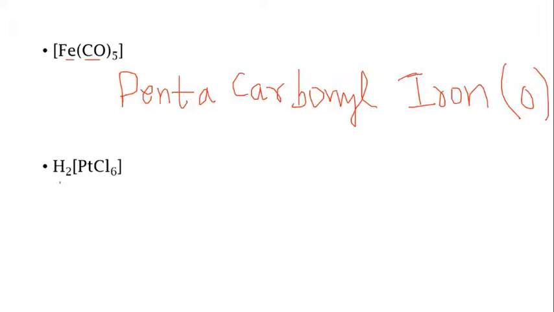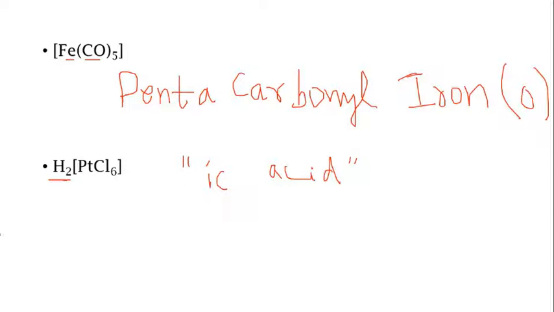Then coming to the next example, this is H2PtCl6. So whenever you have hydrogen outside the coordination sphere, you please remember the rule that it has to end with IC acid. The metal name should end with IC acid. You should remember this. This was one of the rules explained in the nomenclature.